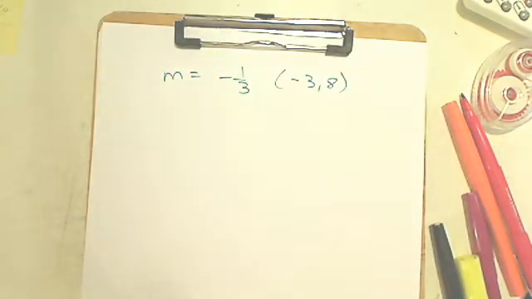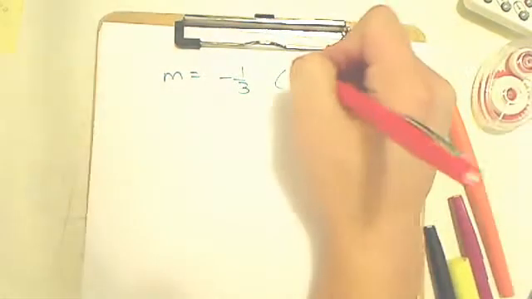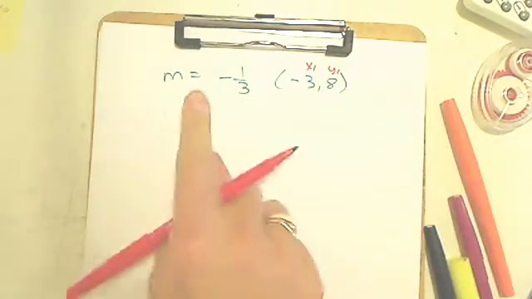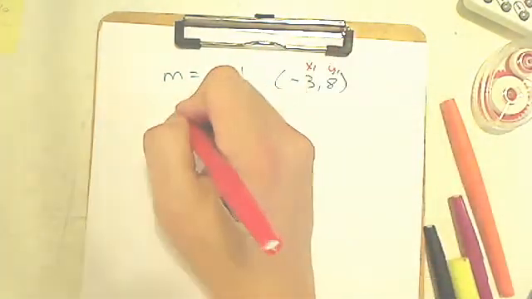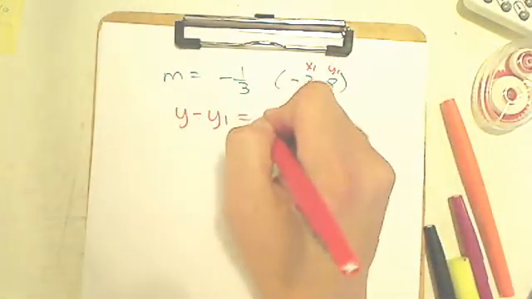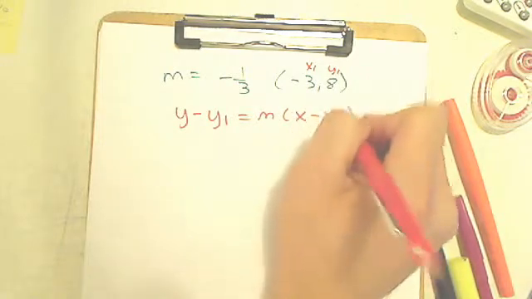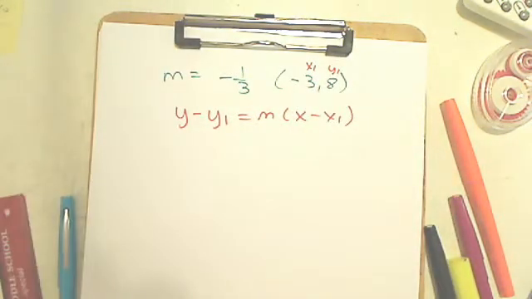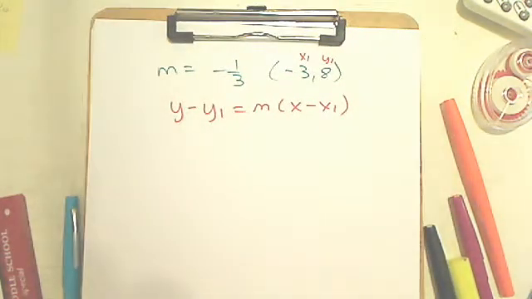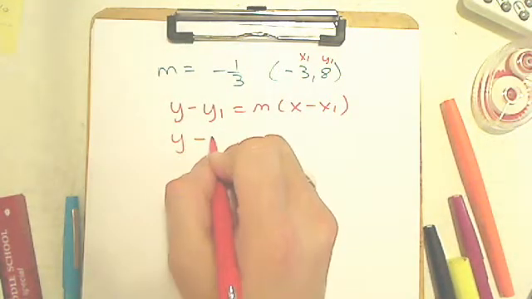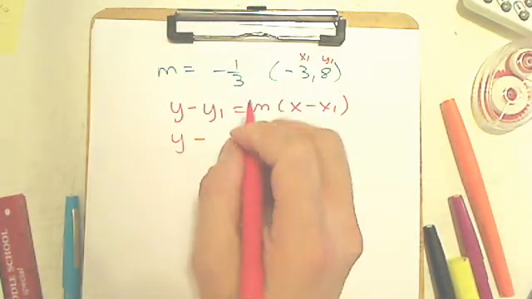Sit up. Come on. Okay. X1, Y1. Point slope: Y minus Y1 equals M times X minus X1. I'm substituting in Y minus 8, Zachary.